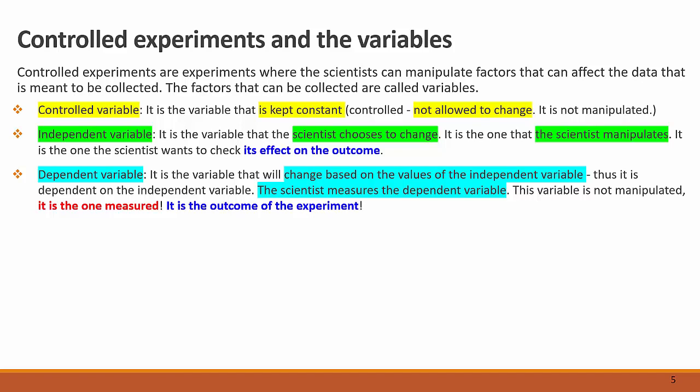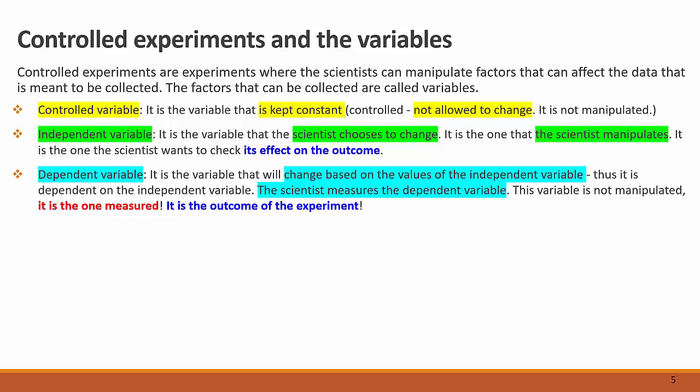We cannot determine the exact result, but we can determine the factors that can affect that result, and to be able to understand what really affected the outcome, we can choose what factors we allow to change and what factors we don't allow to change. These factors are what we call variables.